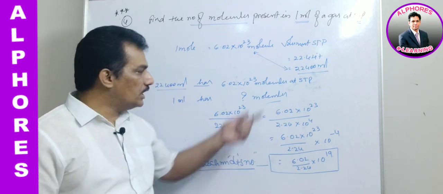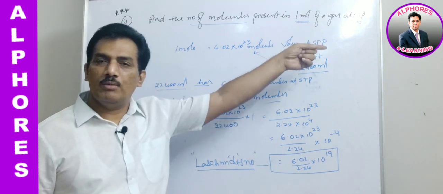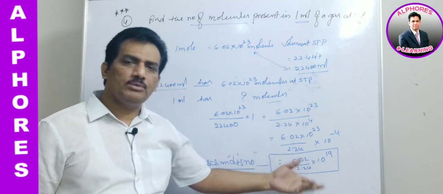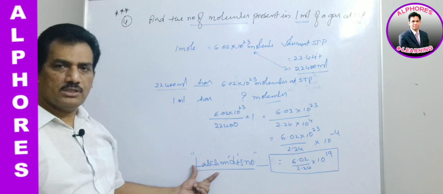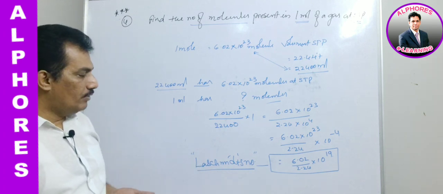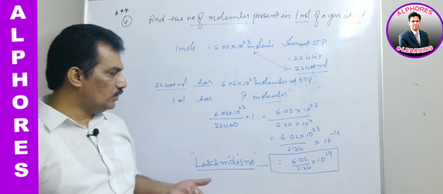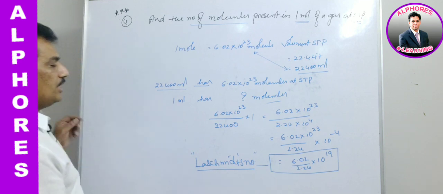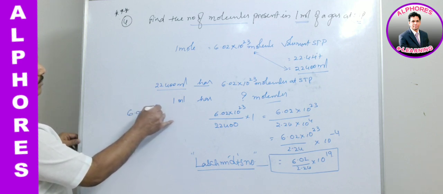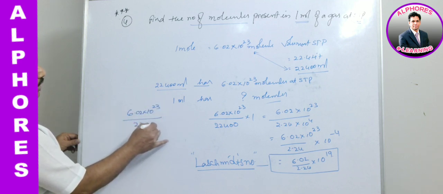As we are discussing the number of molecules present in 1 ml, we are getting this value. That's why, as we are going through this concept, I revealed that this number is also known as Loschmidt number. In case they ask what is Loschmidt number, what we have to do is this: Loschmidt number is nothing but 6.02 into 10 to the power of 23 by 22,400.